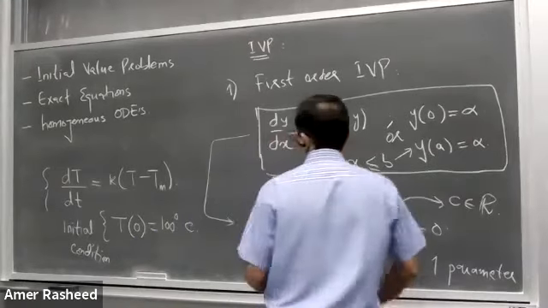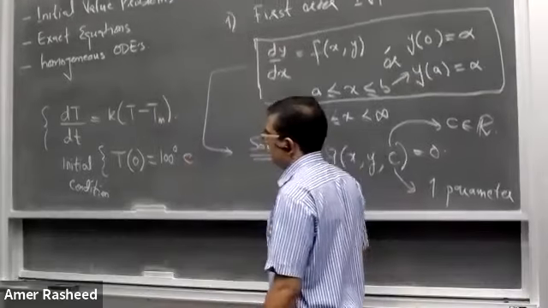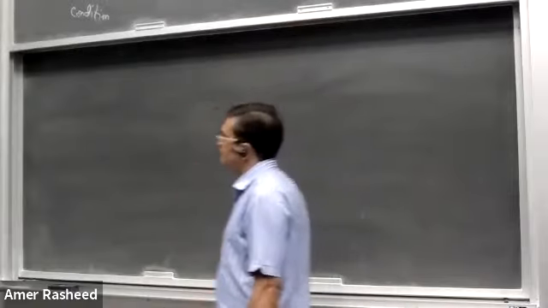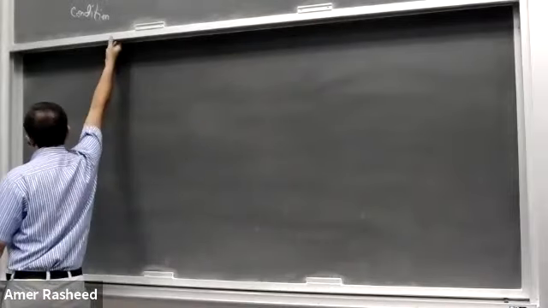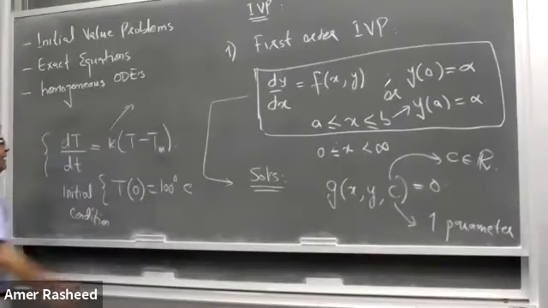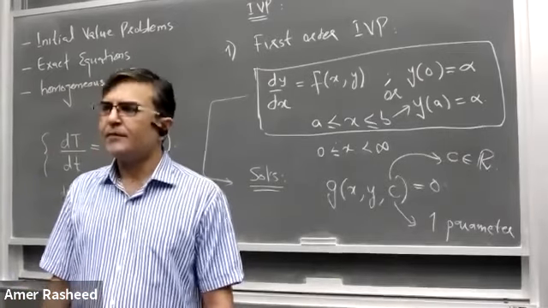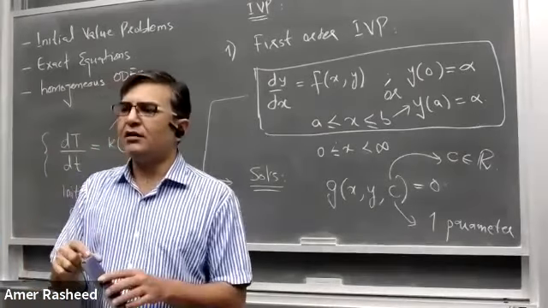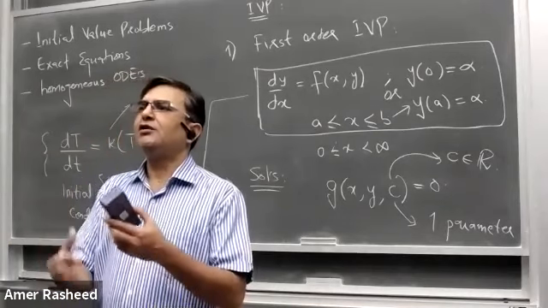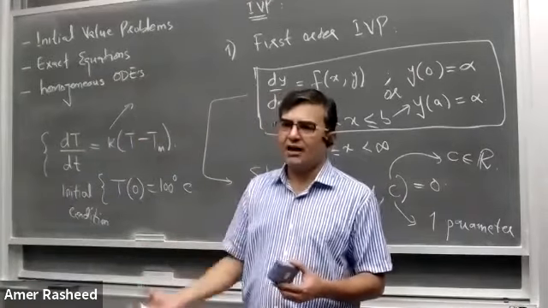For example, if we solve this problem by separating the variables, where k is the constant of proportionality, k is basically the heat capacity, and that depends on the material of the body whose temperature you are trying to measure, how it will go down with time.